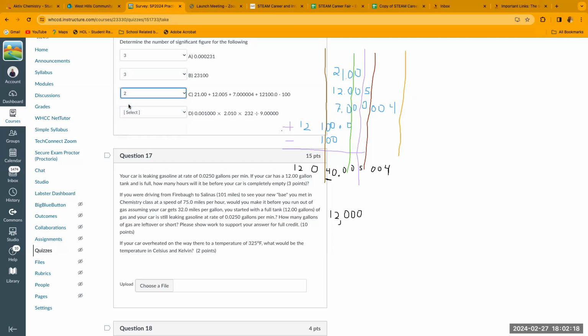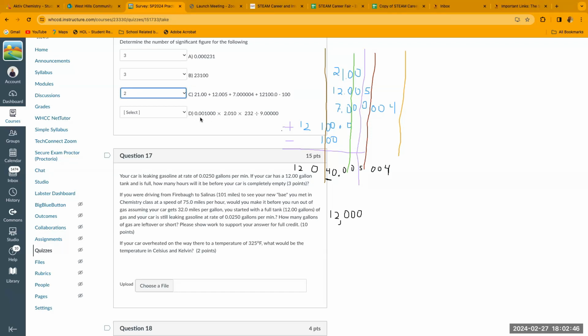Okay, so in the case of addition and subtraction, we have to do the lineup. In the case of multiplication and division, what is the rule? Okay, that's right. We go with the one that's the smallest, the smallest number of sig figs.